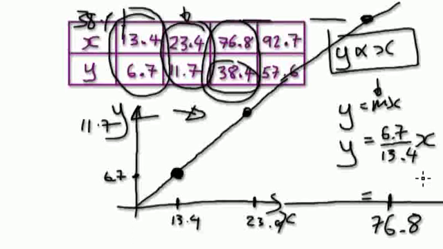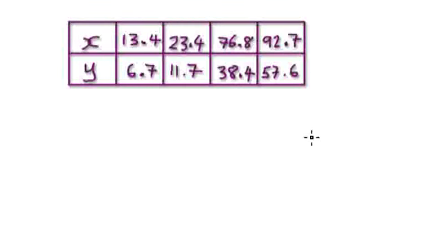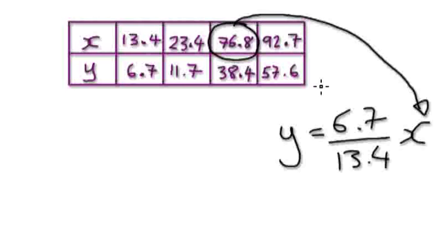Oh, it's getting messy now. Hang on. This is our equation here: 6.7 over 13.4 x. Let's use this to check this point. Does this point lie on the line? Put this into the x, and does y equal this? If it does, then it will lie on that line.